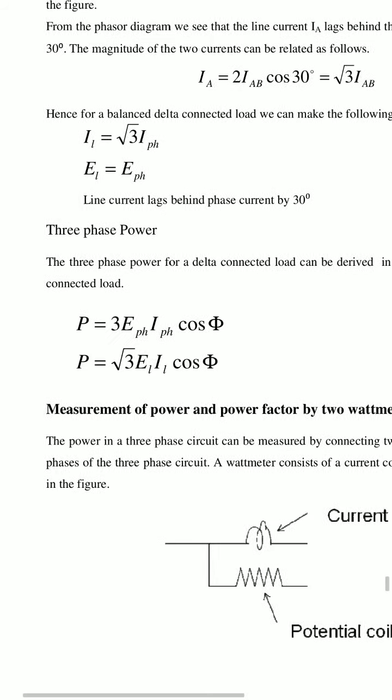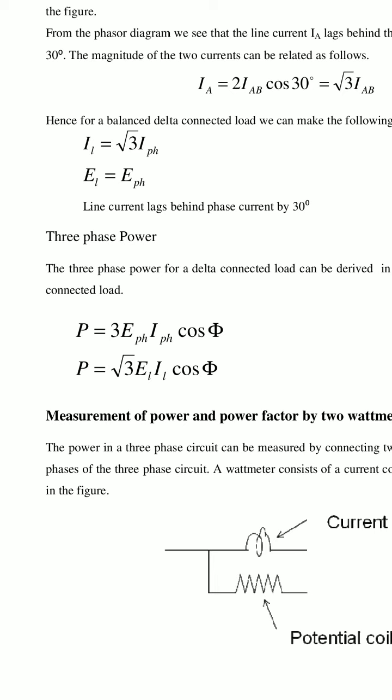In single phase, P is equal to V phase I phase cos phi. For three phase, power is equal to 3 into E phase I phase cos phi. In terms of line voltage and line current, the power is equal to root 3 EL IL cos phi.